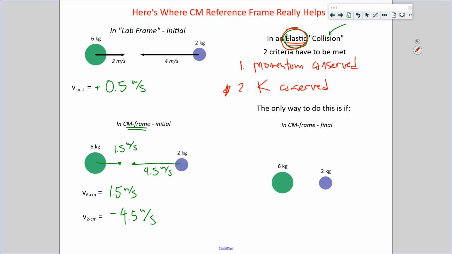All right, so here's the deal. How do we conserve both momentum and kinetic energy? Well, here's a great thing about using the frame of reference of the center of mass. If this is the situation coming in, the only way, coming out, to have the same exact amount of momentum and the same amount of kinetic energy is if these two things turn around and move the other way at the same speed they came in at.